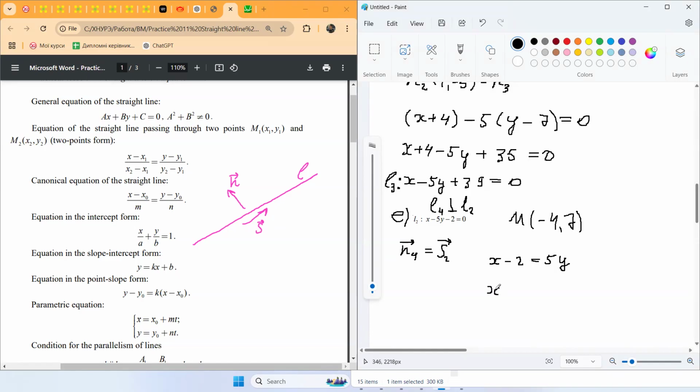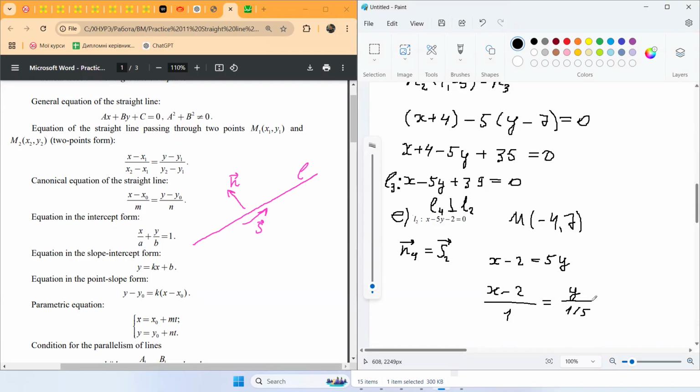In the canonical way, x minus 2 divided by 1, and moving 5 here, y by 1/5.